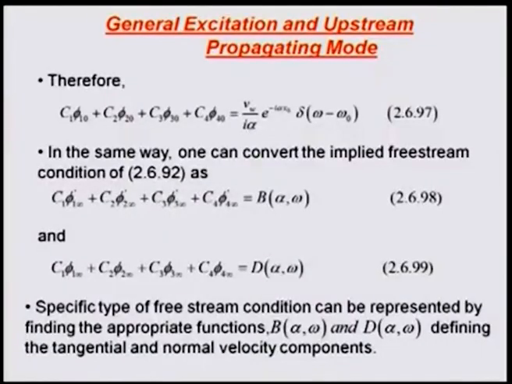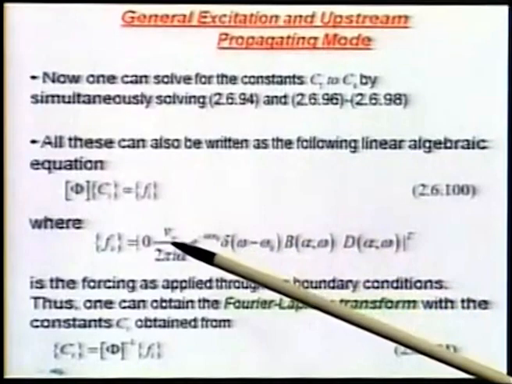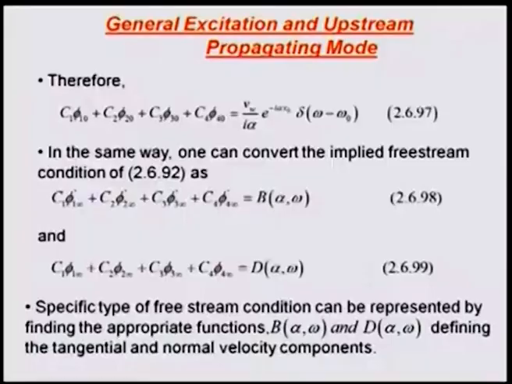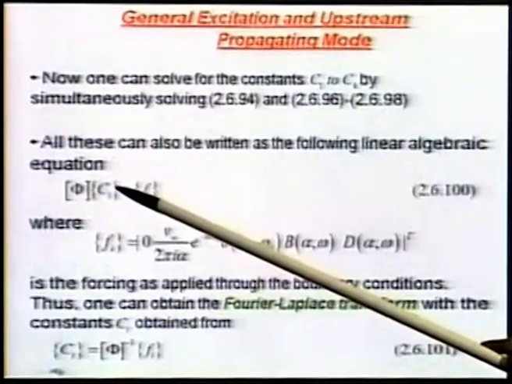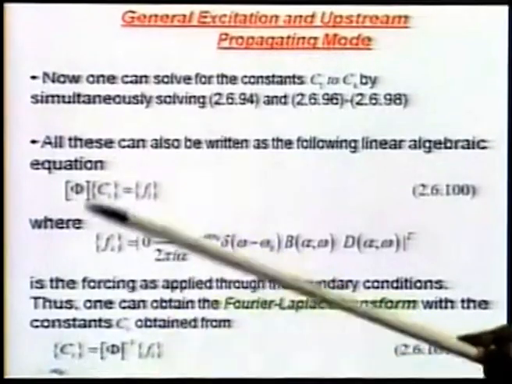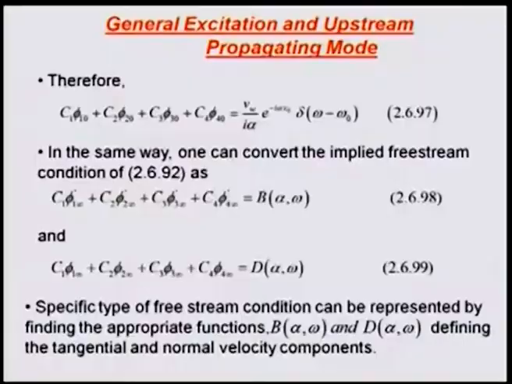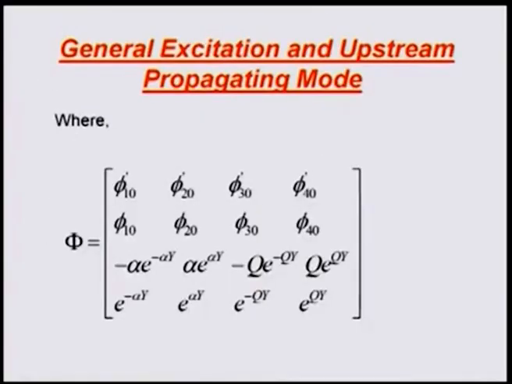What is important though, is that if these excitations are non-null, non-zero, then I can obtain the C vector as phi inverse of this. So, what we are finding once again is very simply this, that the determinant of phi somehow is going to come into play, and the phi matrix was given in terms of the 4 fundamental solutions.